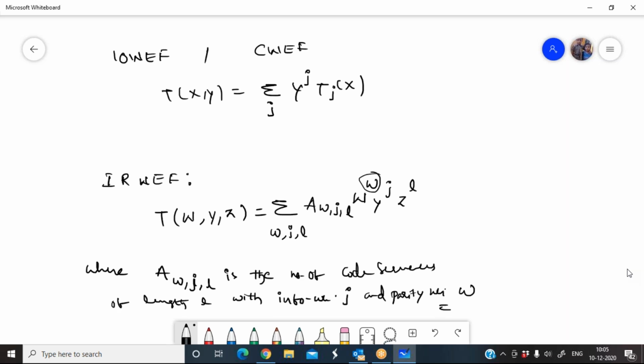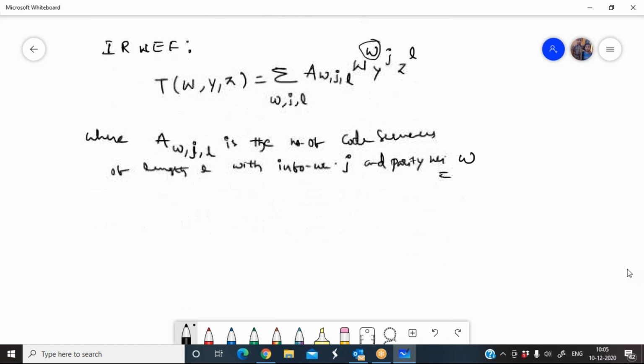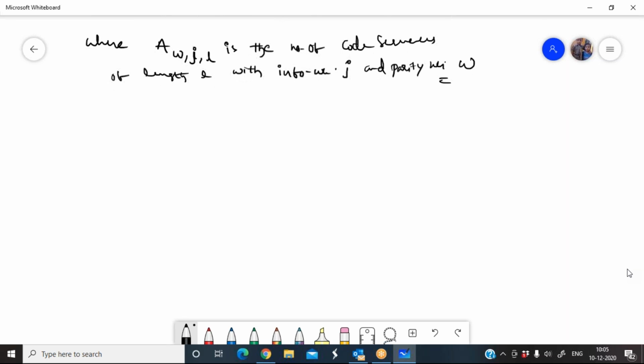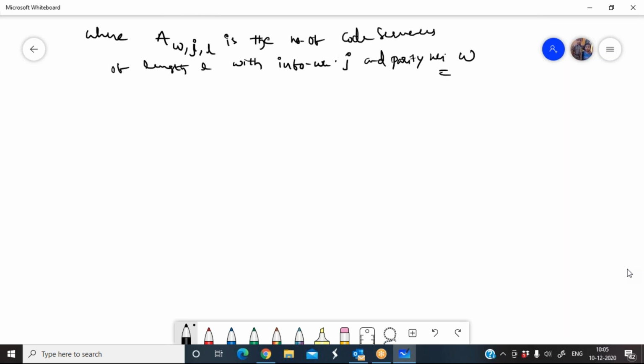Next, I want to enter directly into the examples. Do this example and you will get full clarity, 100% clarity, I am sure. Take an example. Consider a rate 1/2 encoder with m equal to 2.